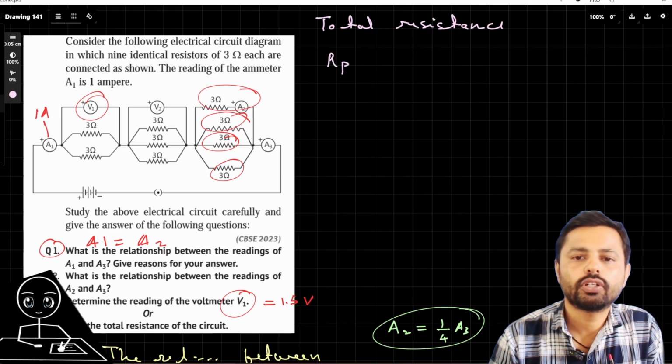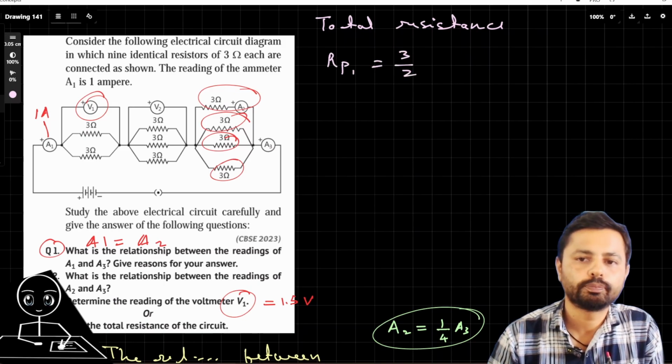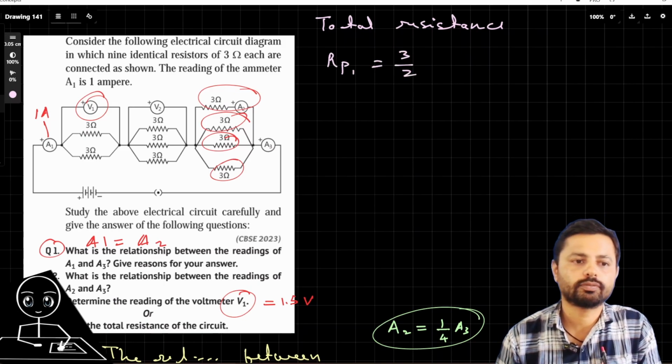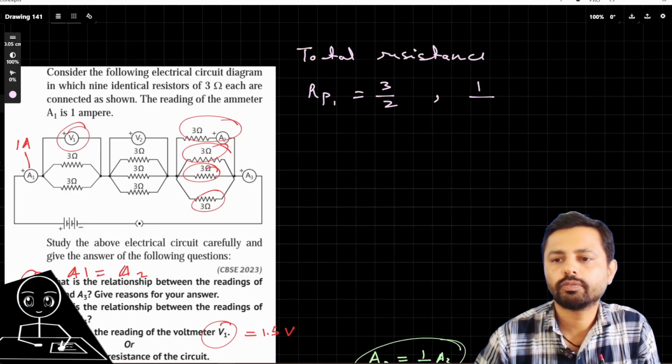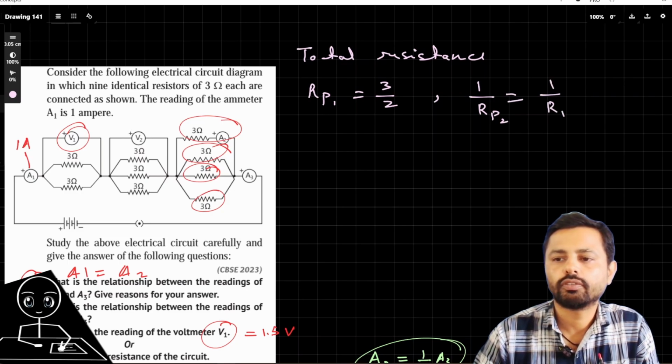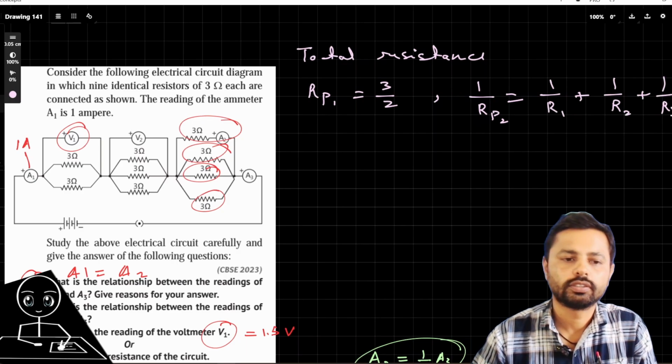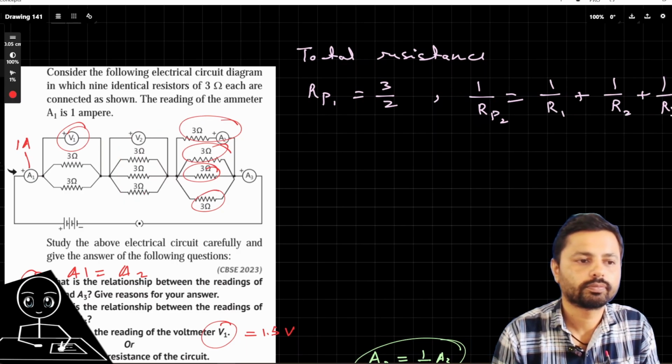RP1 we already found out equal to 3 by 2 or 1.5. Now, RP2, again let's apply the formula. 1 by RP2 equal to 1 by R1 plus 1 by R2 plus 1 by R3.